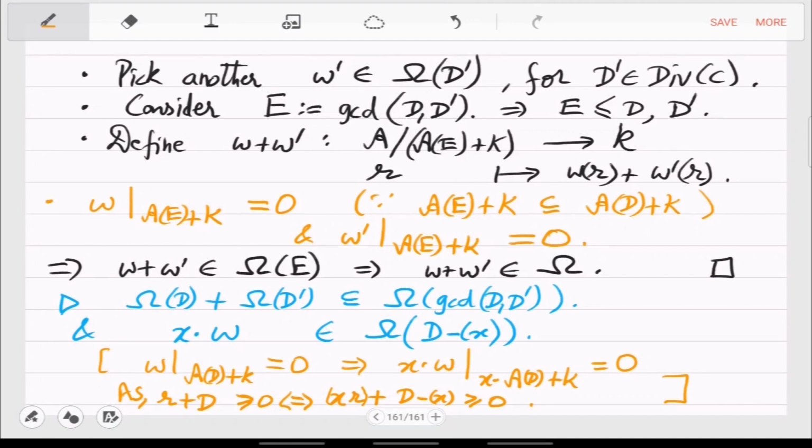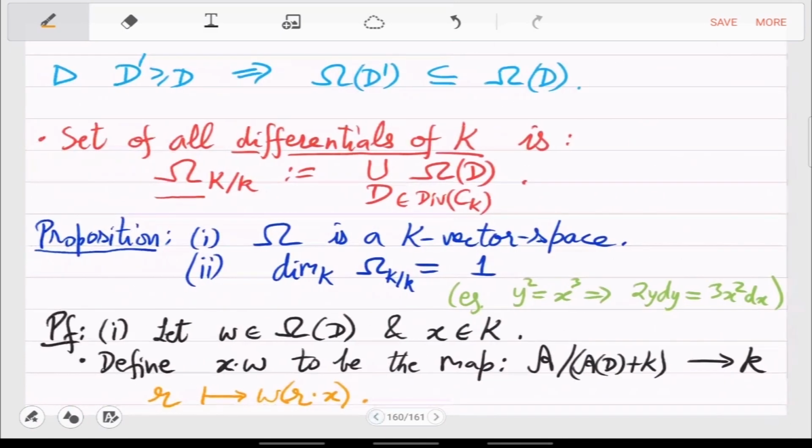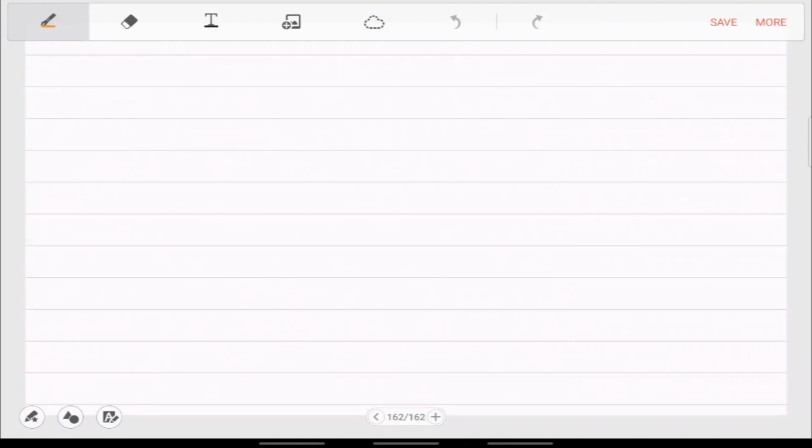Okay, so this will now be important in the next part of the proof, which is dimension 1. Let's start that.